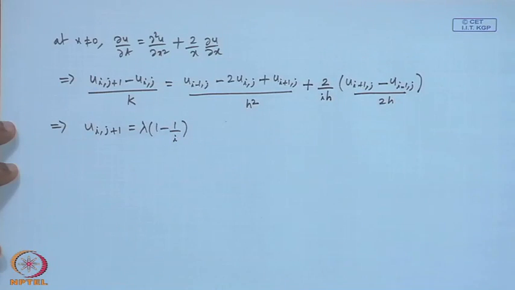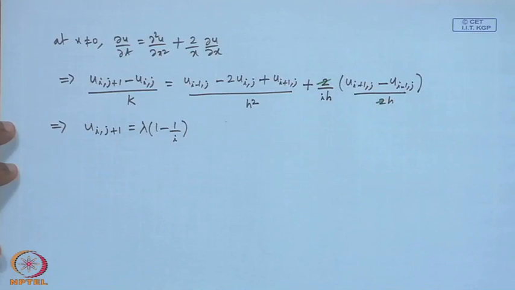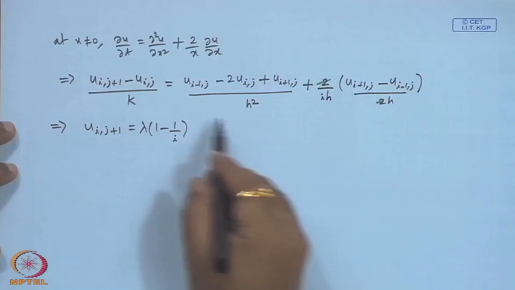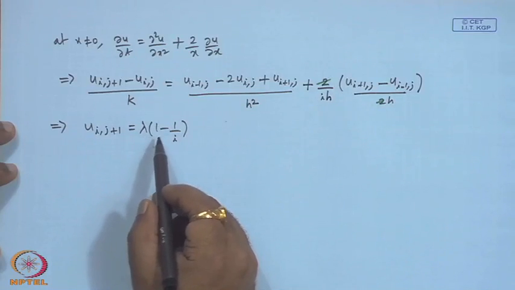So, here there is 2 get cancelled, right. So, we have when k goes there, this becomes lambda. Okay.